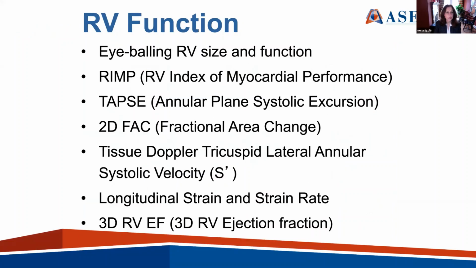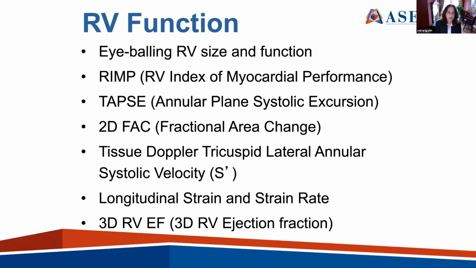Now let's talk a little bit about function of the right ventricle. The most common way we do it is actually by eyeballing the RV size and function, which can be helpful as a confirmatory finding, but is very subjective.